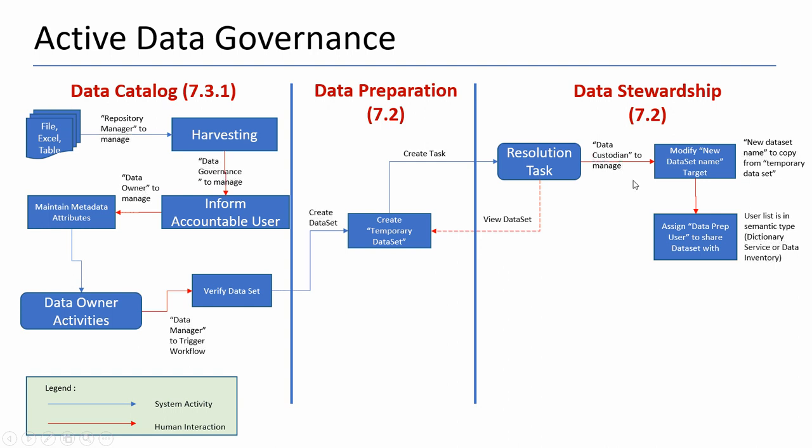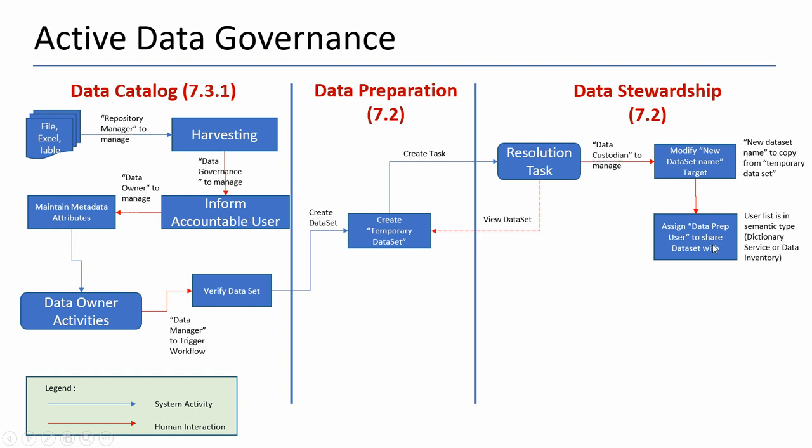And then the next step will be, in the resolution task, to be able to modify the dataset name later, because in this case we create a temporary dataset and then after this process completes we want to create a new dataset in the final target. And then again in here we provide this user list.